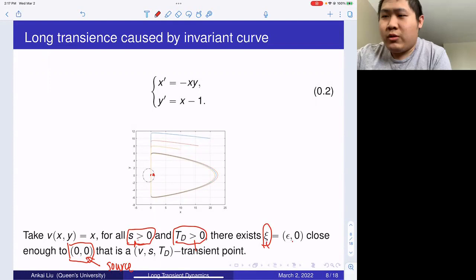So it looks like 0, 0 is surrounded by transient points, and that's why we use the term center. And of course, this statement exactly shows that 0, 0 is a V transient center.